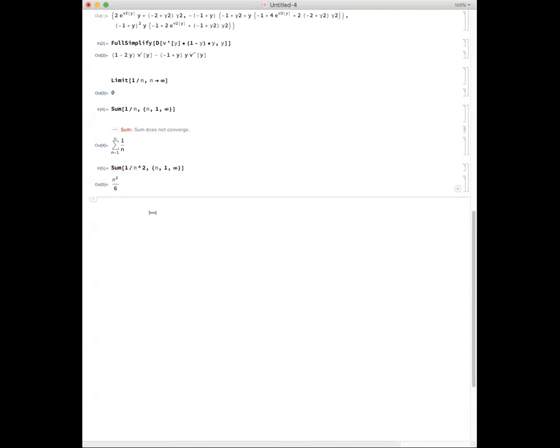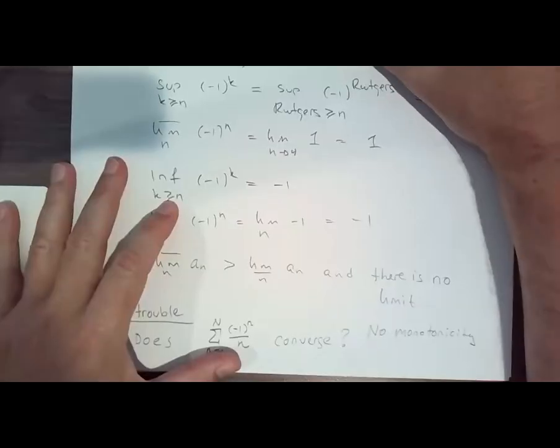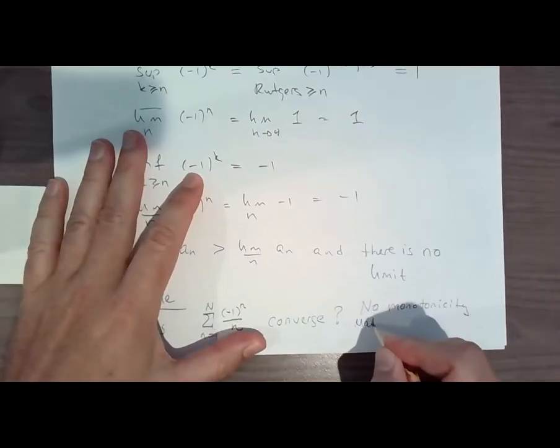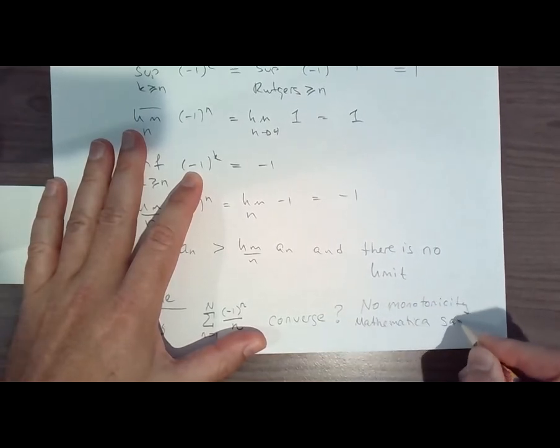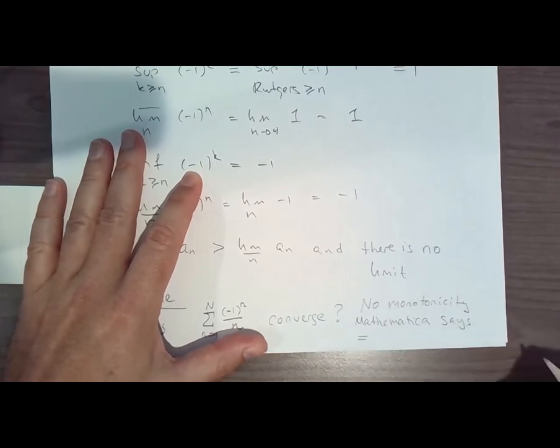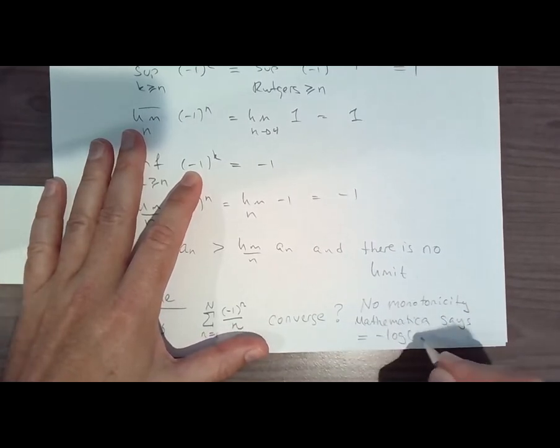Maybe Mathematica is going to be helpful down here too. What happens if I do the sum of minus 1 to the power n divided by n? Okay, Mathematica says the limit is equal to minus log 2.